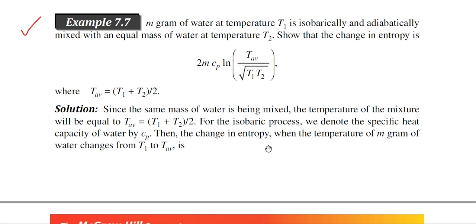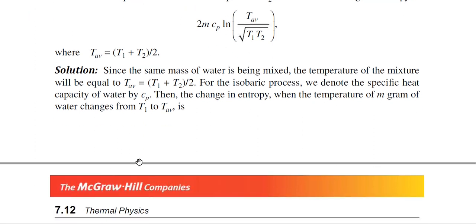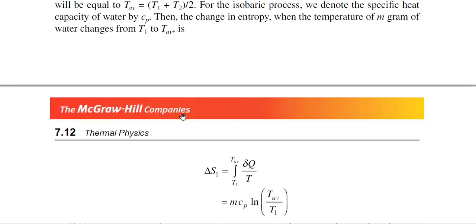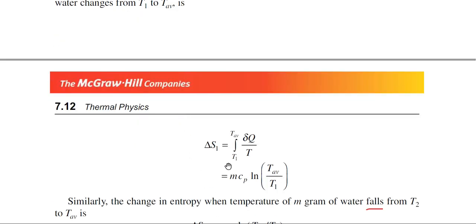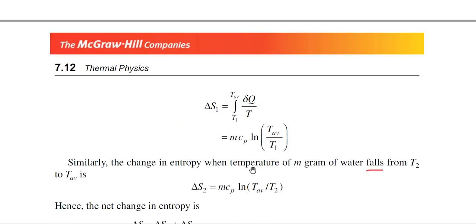Then the change in entropy when the temperature of m gram of water changes from T1 to T average. We will calculate the change of entropy in two steps, because in the first step the temperature of the m gram system is changed from T1 to T average. So in that case delta S1 is the integral from T1 to T average of delta Q by T, or mCp ln T average by T1.